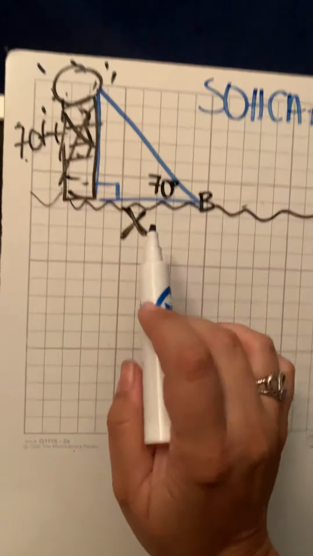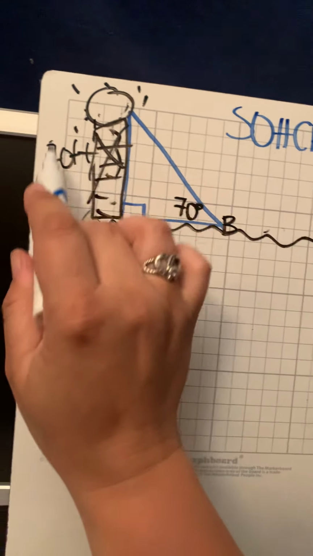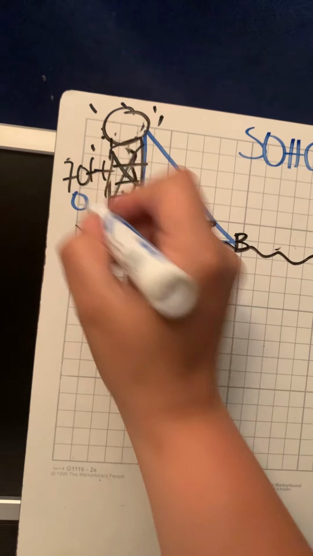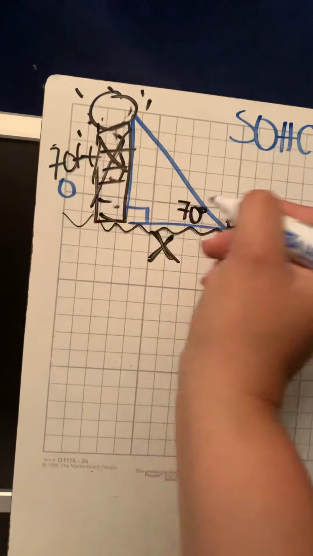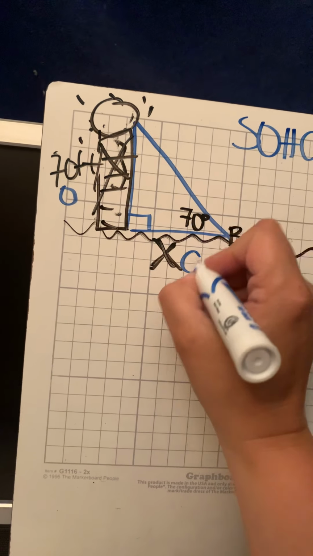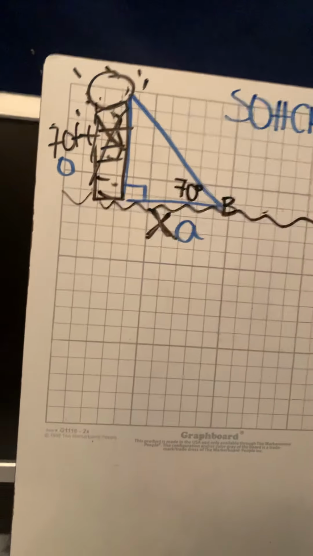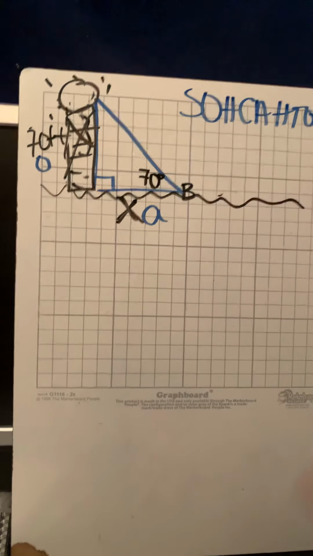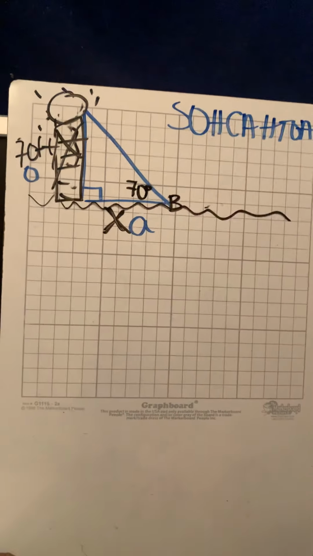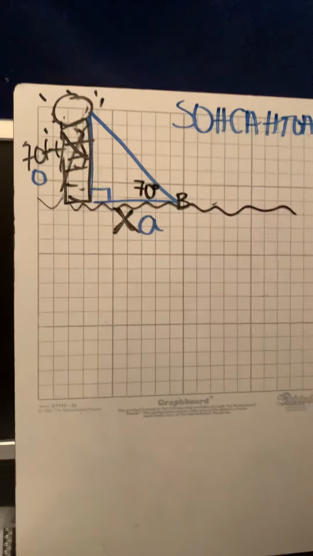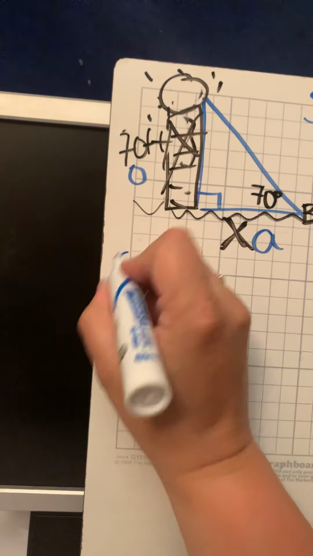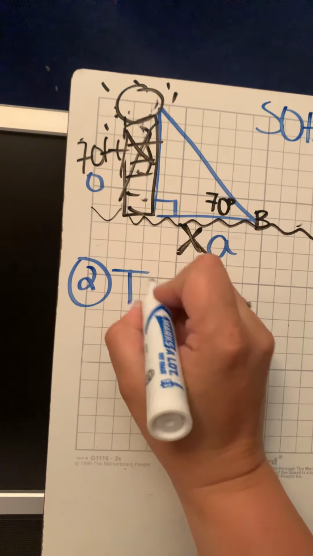If this over to here is opposite, because it's across from the angle, this is adjacent because it's right next to it, and that's your hypotenuse, which you don't need. We will not need sine and we will not need cosine. We'll need tangent. So my second step, I'm setting up my trig ratio.